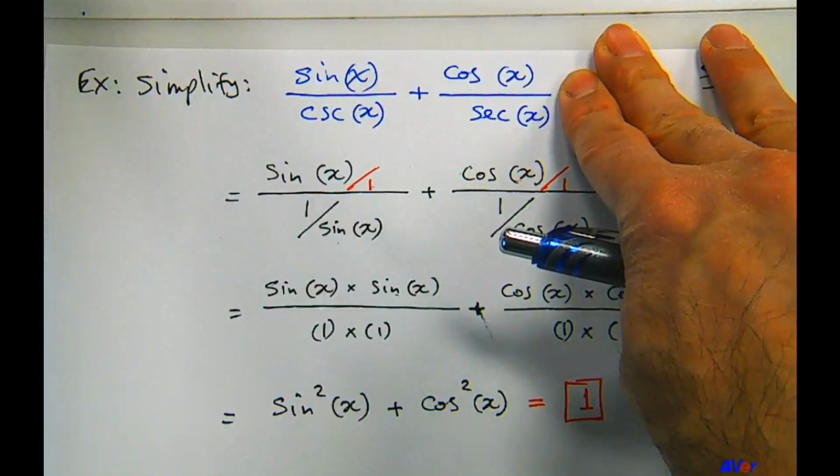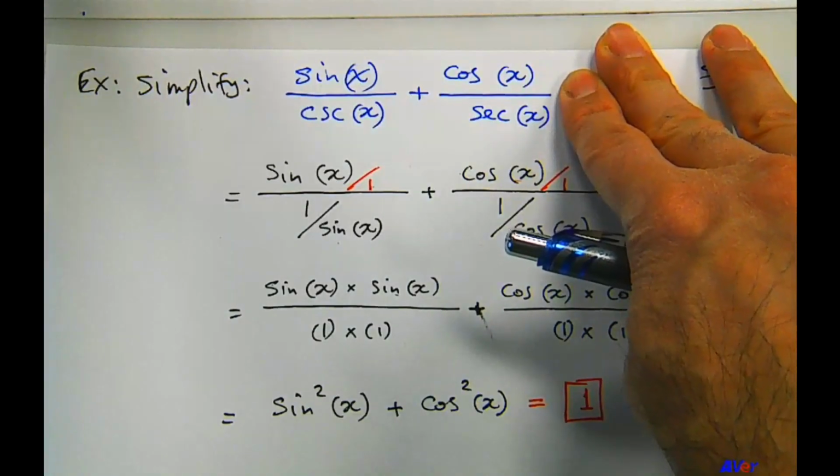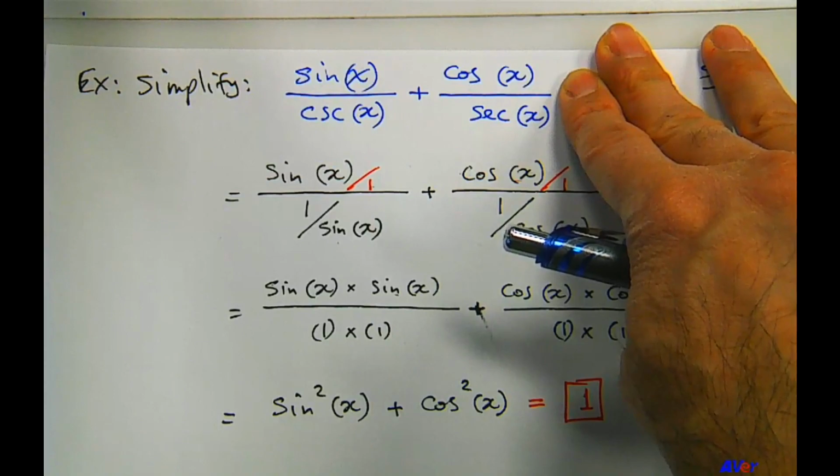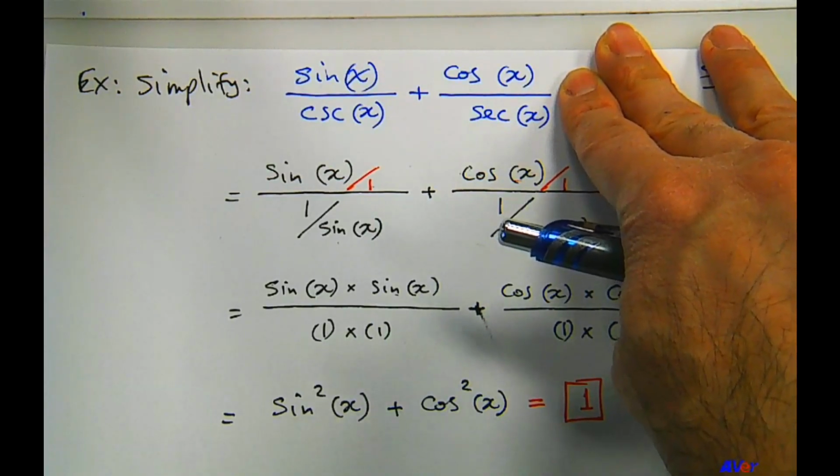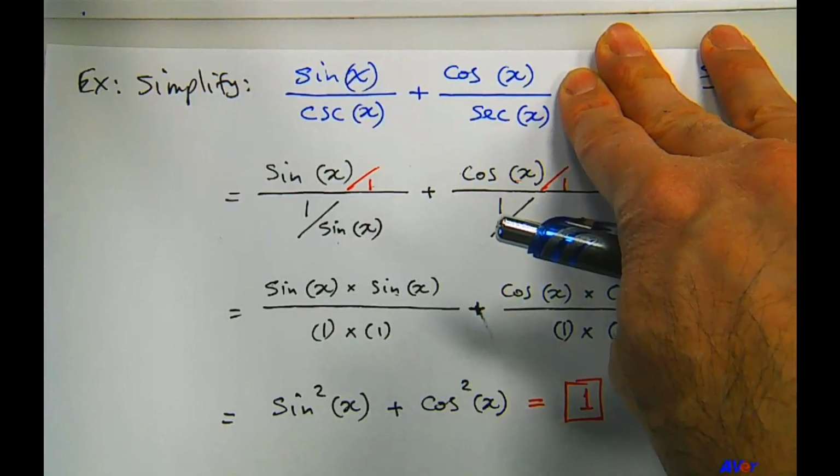Now, we're going to verify what we learned so far. We're going to use that to verify both sides of an equation, to verify if an equation is true. So let's do that.